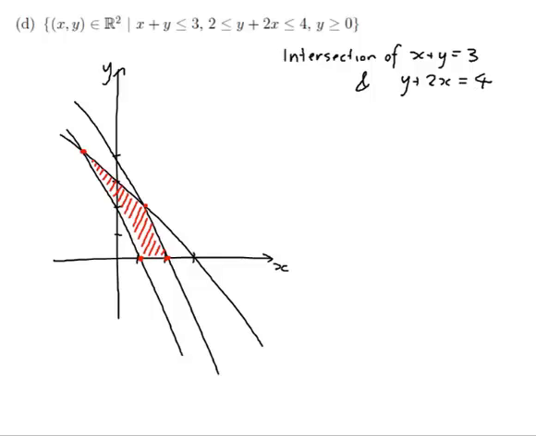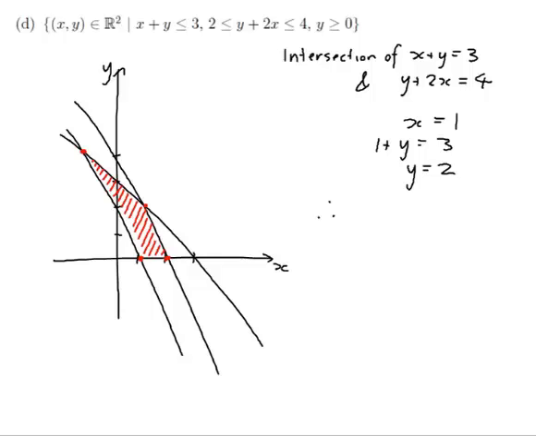So those 2 equations, well, we should do what we did last time because they're roughly the same except the number. If we do equation 2 minus equation 1, we will get x is equal to 1. And if we sub that back into the first one, we'll get 1 plus y is equal to 3, so y is equal to 2. So that point there must be the point (1, 2).